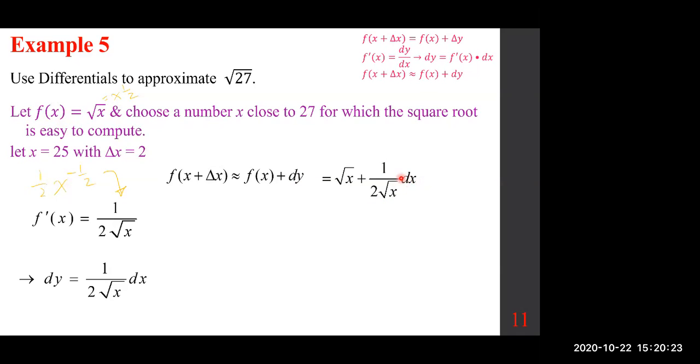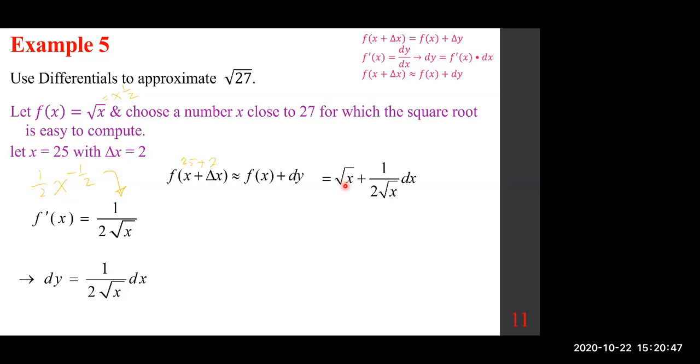Again, remember, and I can write it at top here if you want, this is 25, everybody, plus 2. If it's negative, such as square root of 24, you would write 24 plus negative 1. So pay attention to the sign of delta x.